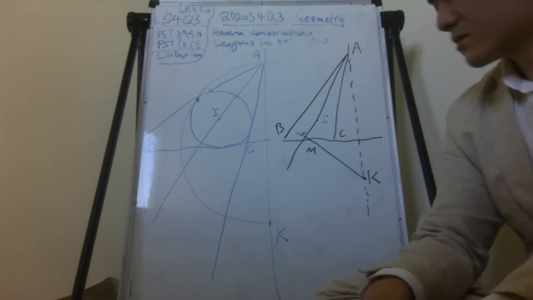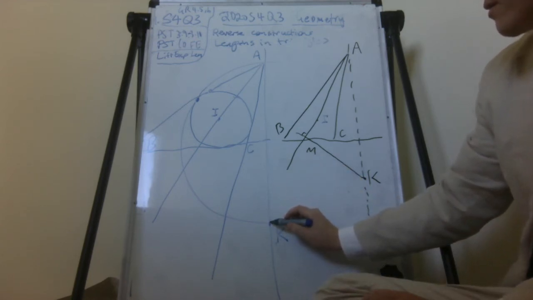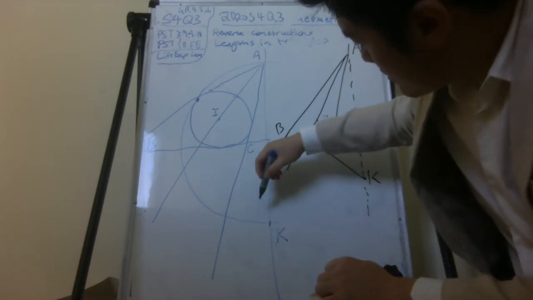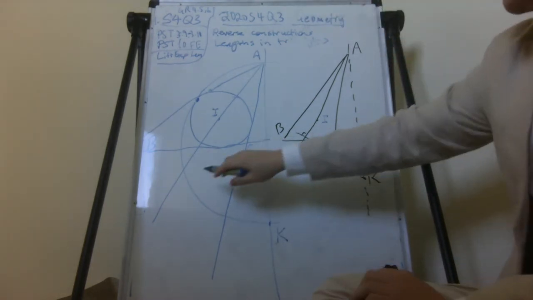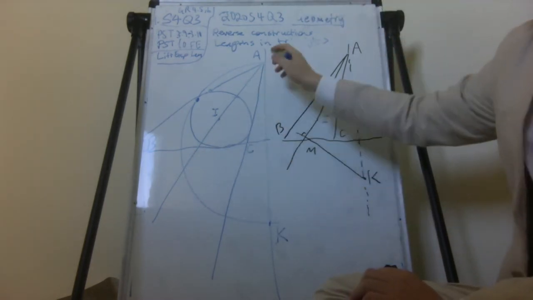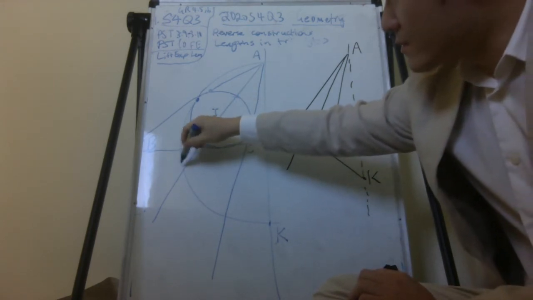So now you can go from K, right? K goes somewhere. Okay, so can you see that because it's perpendicular to the A, right? It has to go through the point on the circle, yeah? That's helpful.